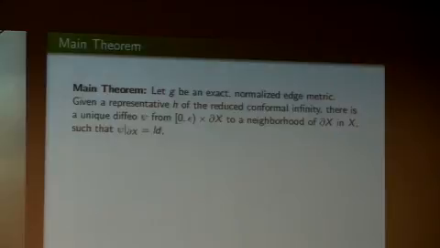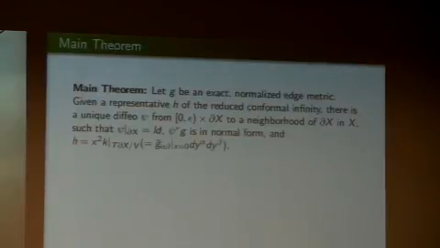Just like before, it's the identity on the boundary. Pullback is in normal form, and the given representative of the conformal infinity is the metric that you get in the product decomposition.